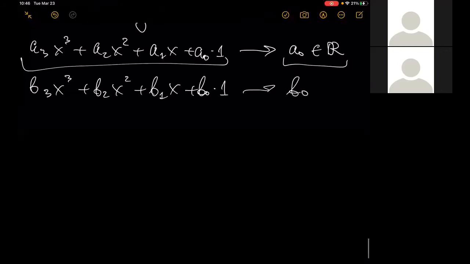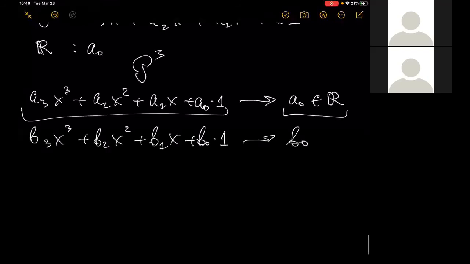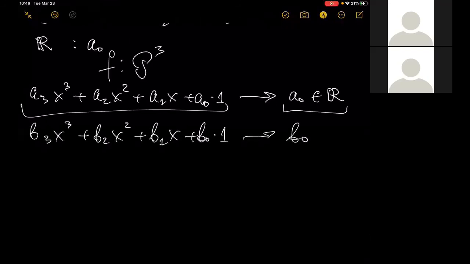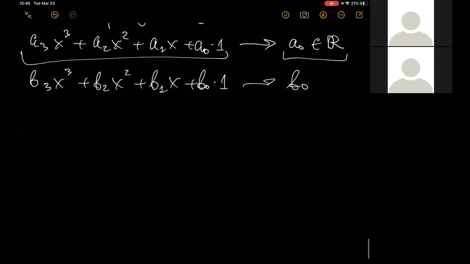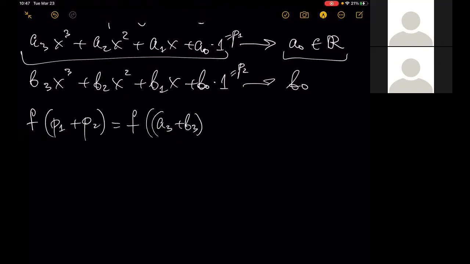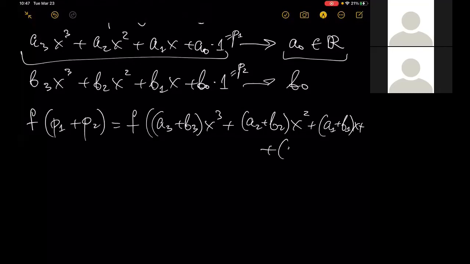So if I consider this map F which maps P3 to R, then F of polynomial 1 plus polynomial 2 will be F of (a3 plus b3) x cubed plus (a2 plus b2) x squared plus (a1 plus b1) x plus (a0 plus b0) times 1.